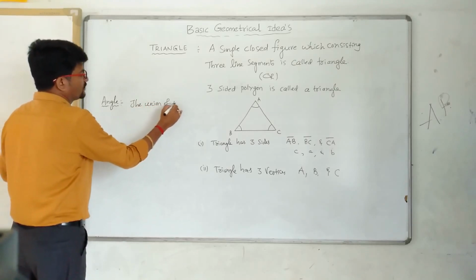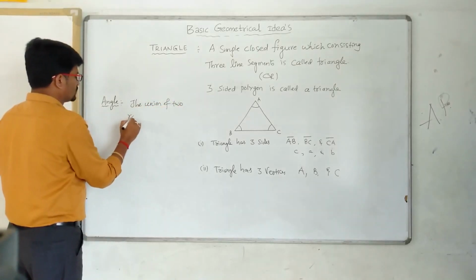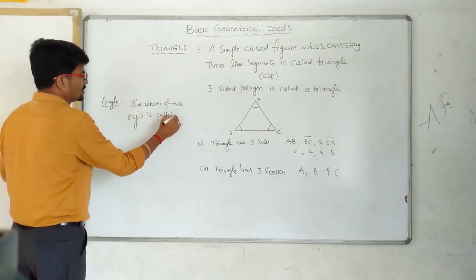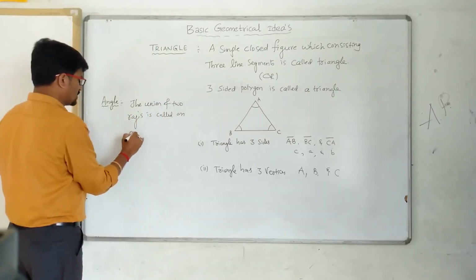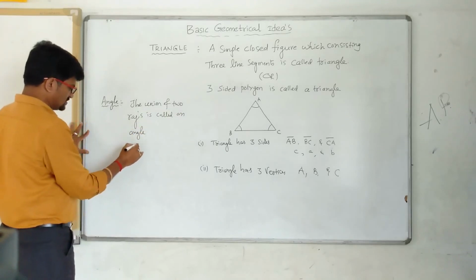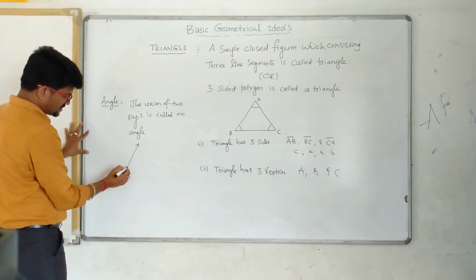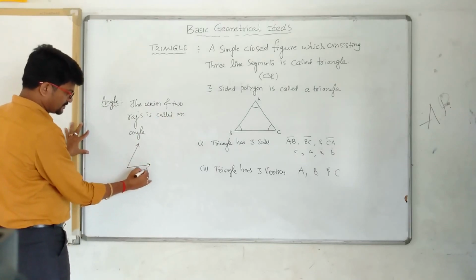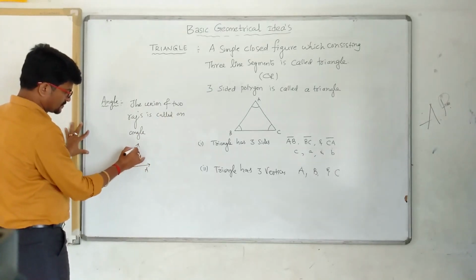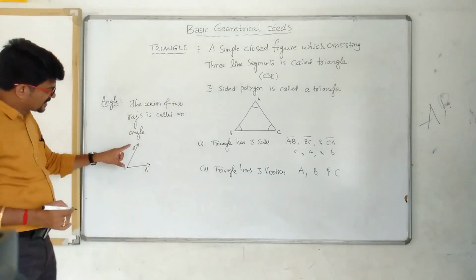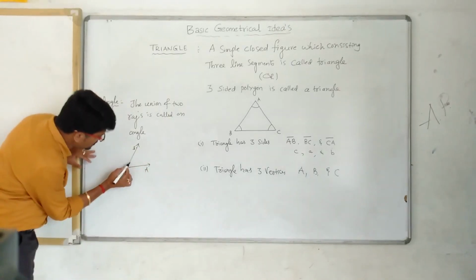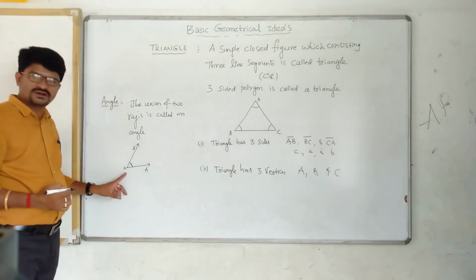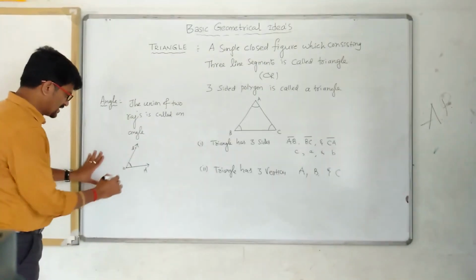The union of two rays is called an angle. That implies this is a ray, this is a ray. Here OB is a ray and OA is a ray. The union of these two rays is called an angle.